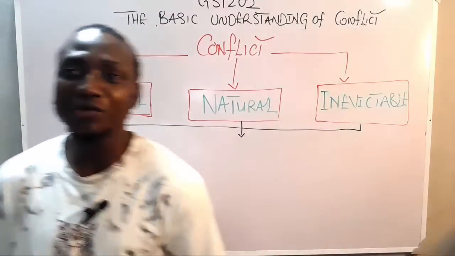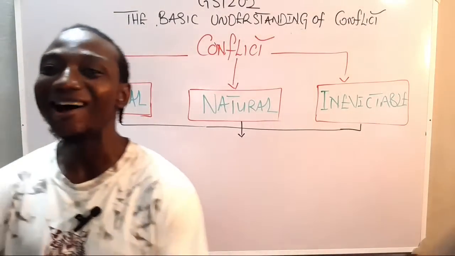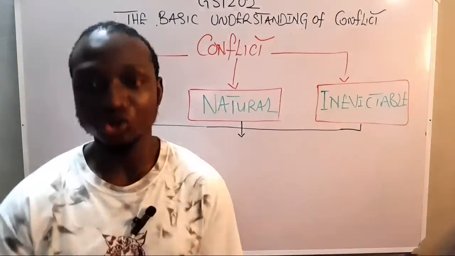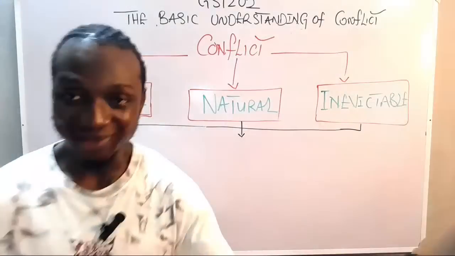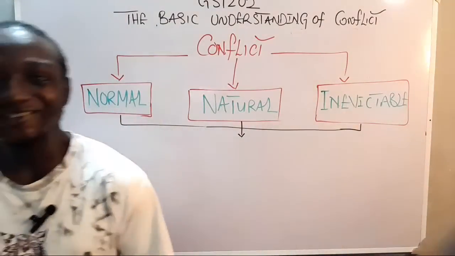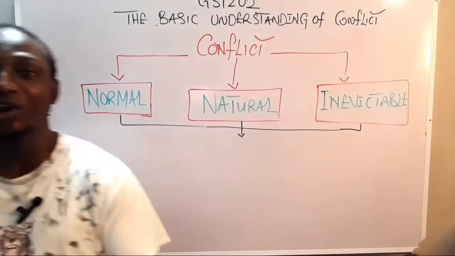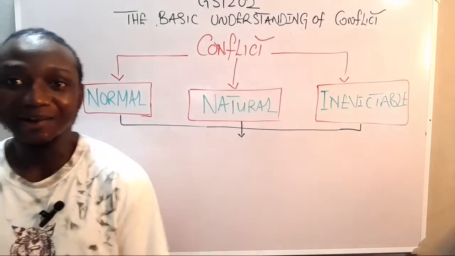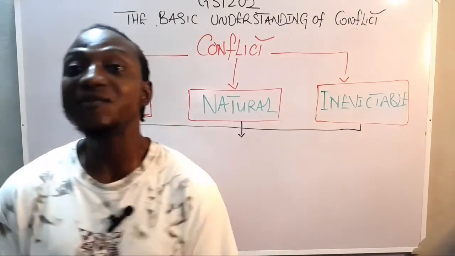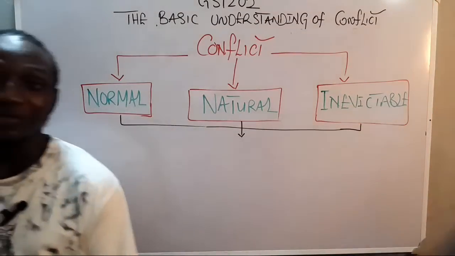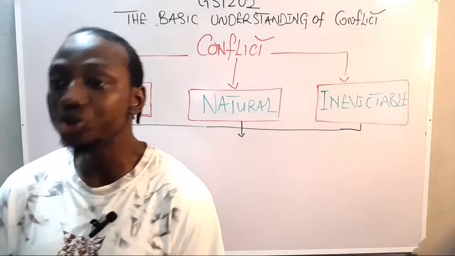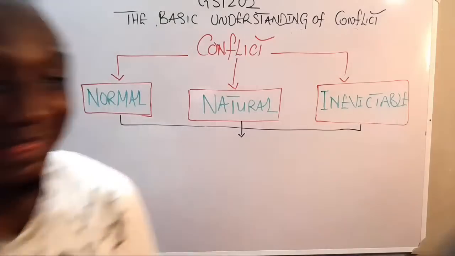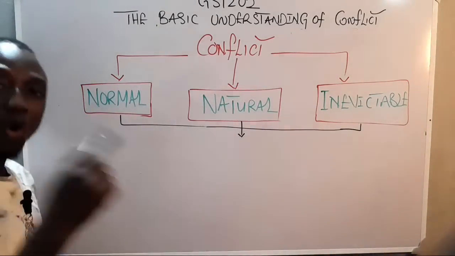Conflict is not necessarily limited to interactions with others. As an individual, there are certain periods of your life you go through internal conflicts. And don't forget, as an individual, you're a living being. So the fact that you are alive and you are breathing means conflict is normal.